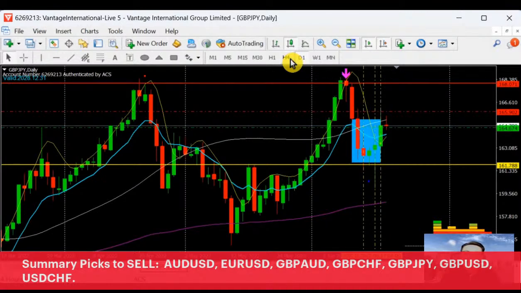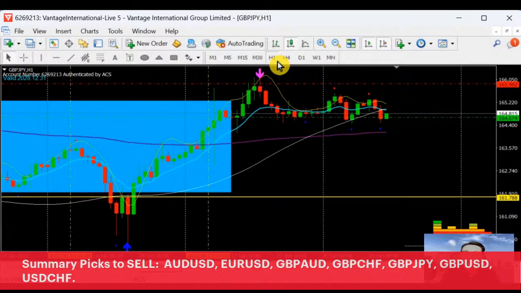Pound yen, we are still on the support here. Pound yen is also looking for a long-term buy. Tentatively, for pound yen right now, it's sideways ranging around this area, so it's quite difficult.